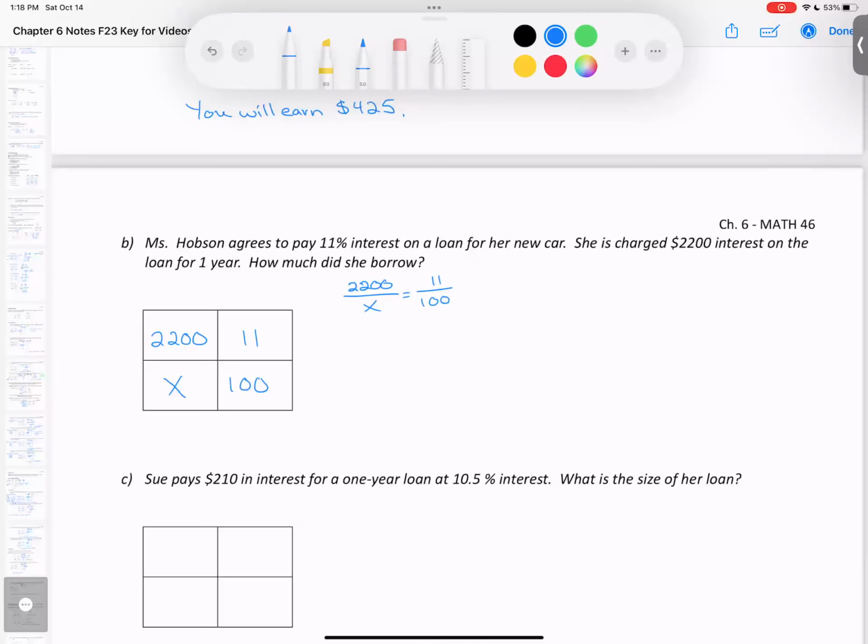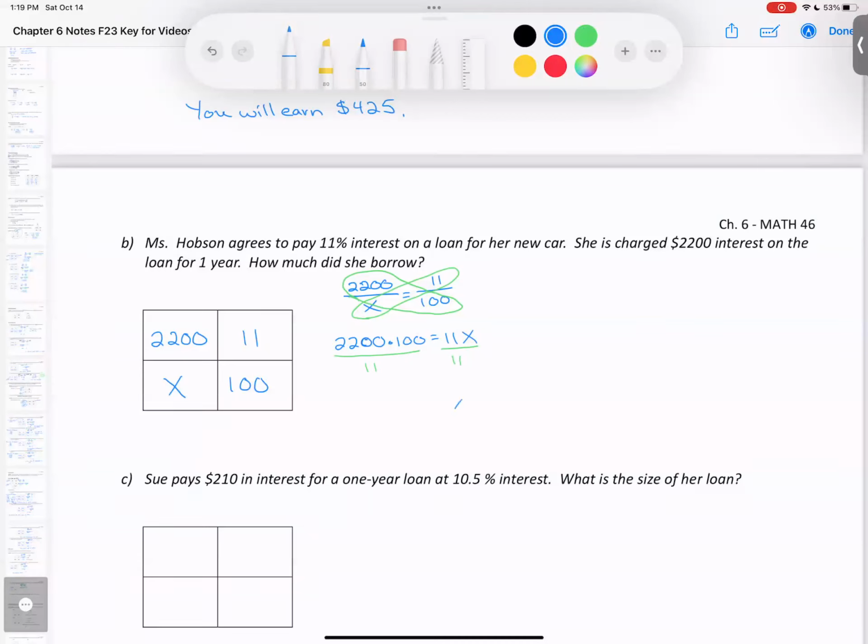Okay, and I'm going to do the cross product method. So I'm going to multiply, I'm going to draw myself that X, because when the X is in the denominator, sometimes that's the easiest way to do it. So we've got 2,200 times 100. And I'm going to change that multiplication symbol to a dot to make this more clear. And that equals 11 times X, or 11X. Now I want to isolate the x. I want just one x. So I'm going to divide both sides by 11.